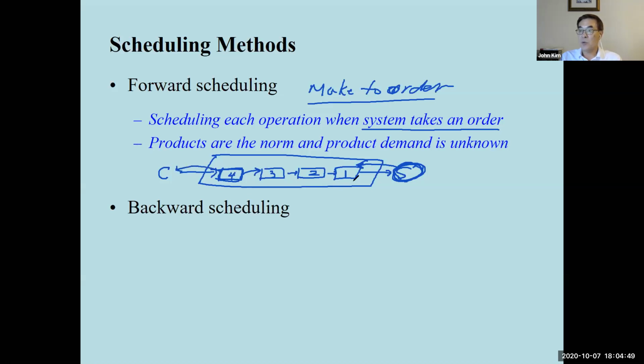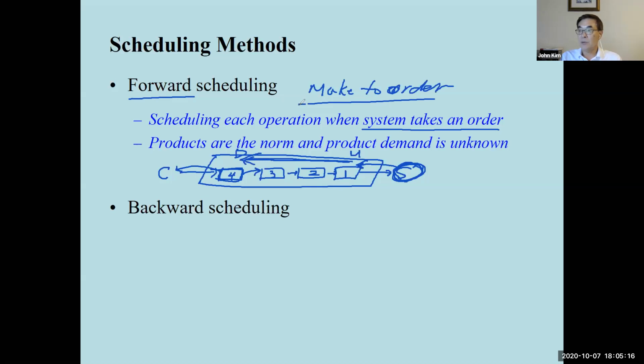So scheduling order is from upstream to downstream. Usually the order flows from up to down, and the scheduling goes the same way. So this scheduling is forward scheduling, from up to down.